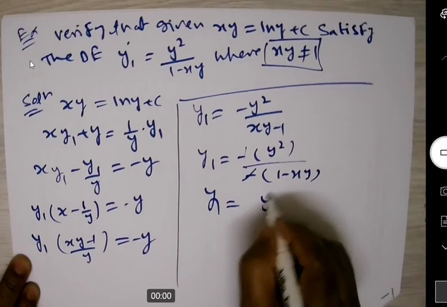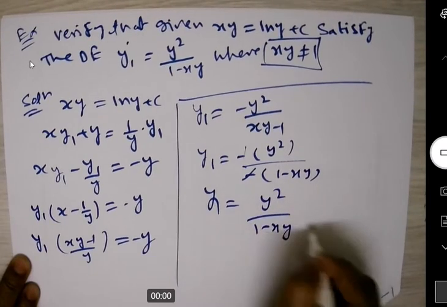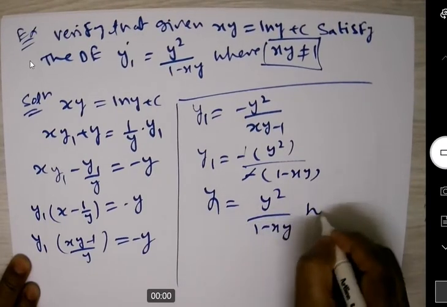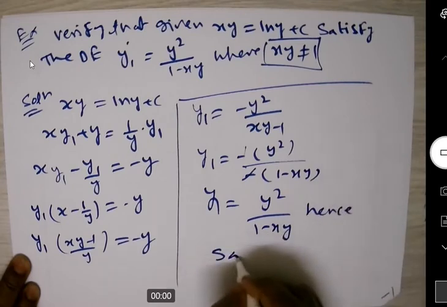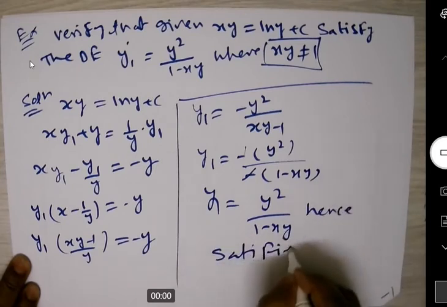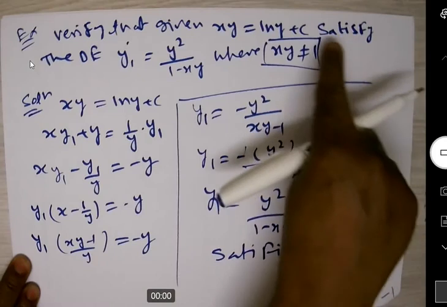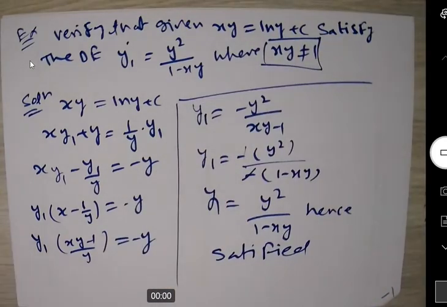So y1 is equal to y square divided by 1 minus xy, hence it satisfies. That means the given differential equation is satisfied by the function. Hopefully you understand, my dear friend. This is the answer: the function satisfies the given differential equation.